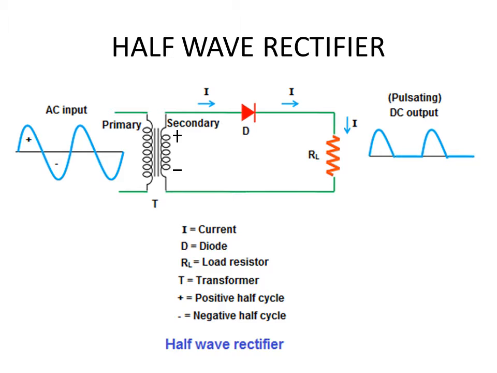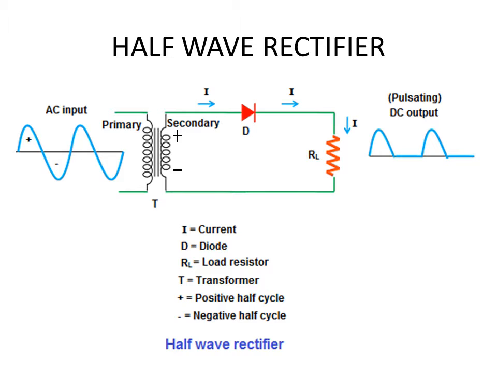And why we have to use it is because the line voltage which is coming to our building is typically 230 volts, and you cannot apply that directly to the diode. So to be safe, you will step down the voltage, and the lowered voltage appearing across the secondary of the transformer will be given as the input to the rectifier.